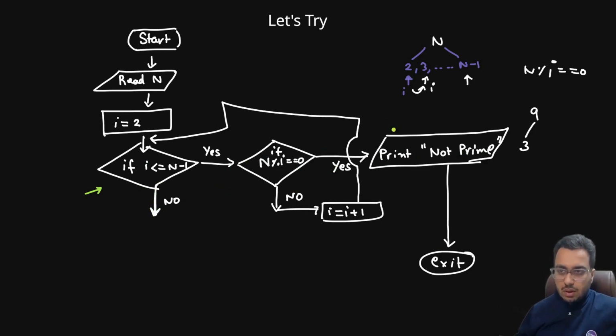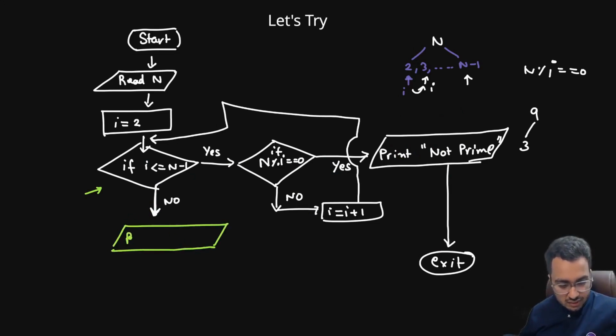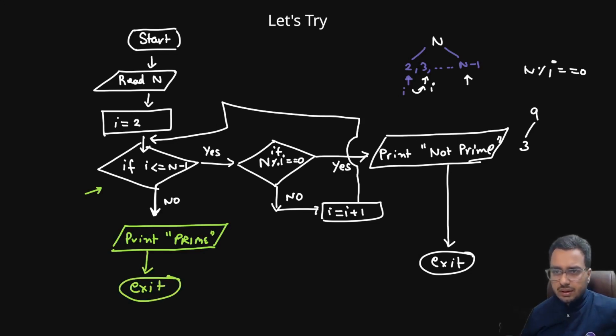That means we could not find a divisor in the range 2 to n minus 1 that could divide n, and hence from here you can say, okay, I has reached this value, you can simply say print prime, and then you can simply do exit. Or you can connect to the same exit here, not an issue.